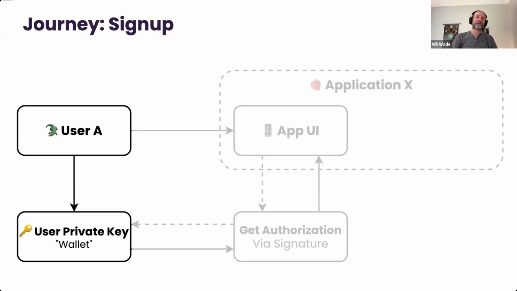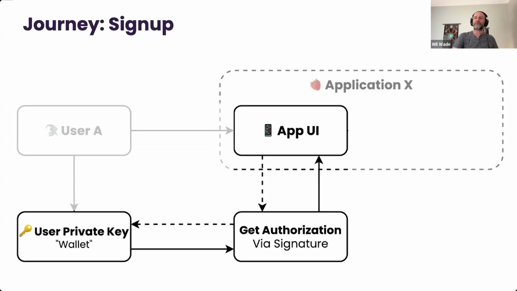So there is that private key. It's often stored in something that's technically called a wallet, but that's just a technical case. And the application, that UI, has to get authorization to do things, so it has to talk to that wallet. Sometimes this is through tools such as the sign with frequency standard or frequency access.